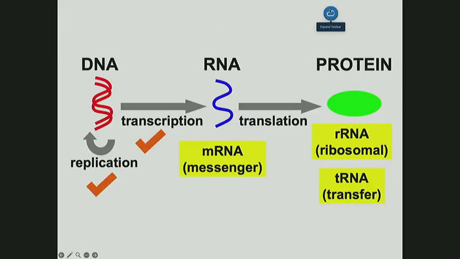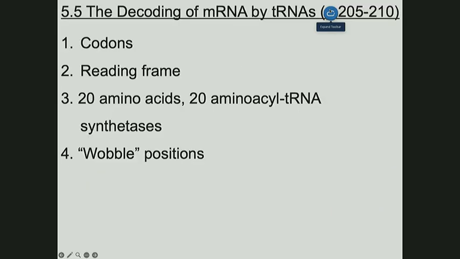All right, so now we know all of the RNAs that are needed for translation, and so we will talk then about this last molecular mechanism, the process of decoding RNA to synthesize protein. First we will review what we mean by codons, how the messenger RNA is read, how the reading frame is set.